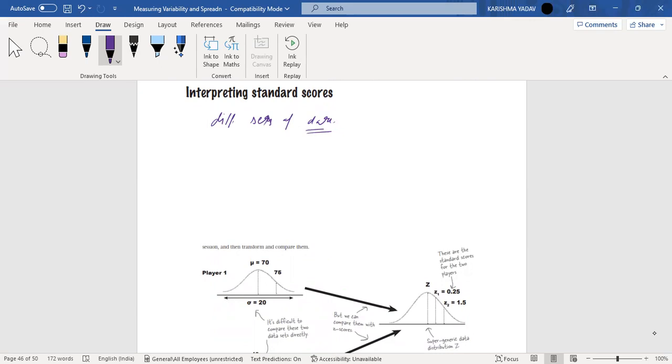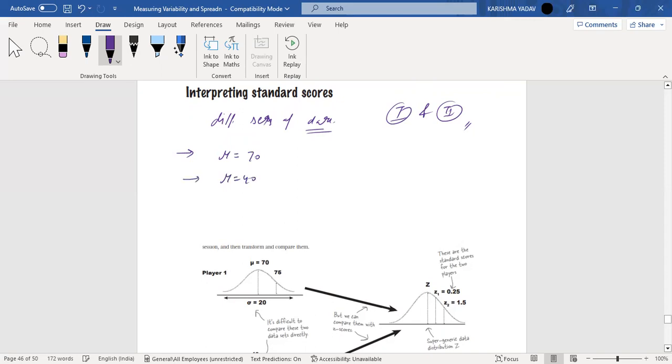Now, what does this mean for our first and second basketball players? Each player's shooting success rate has a different mean. One has a mean of 70 and the other has a mean of 40.